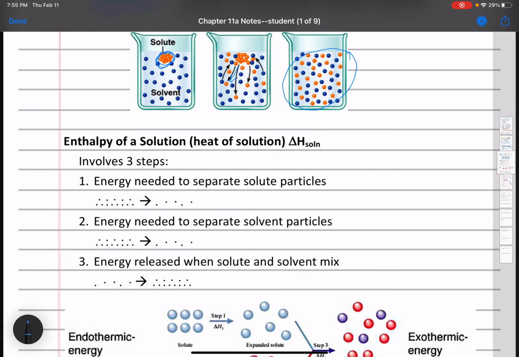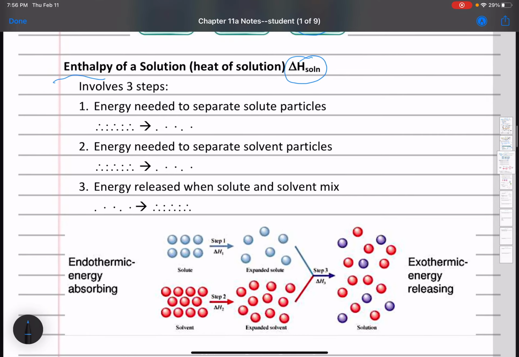If we look at the energetics of this dissolving process, this solvation process, we can measure the energy changes, and energy changes are measured as the heat of a reaction or the enthalpy of a reaction. There are three energetic steps that have to occur when we form a solution. The first thing is we need to separate the solute particles.